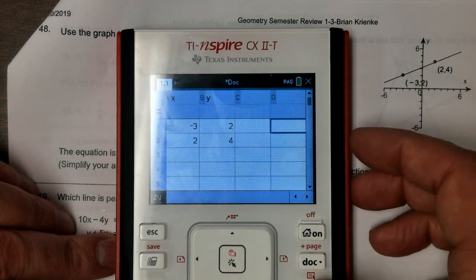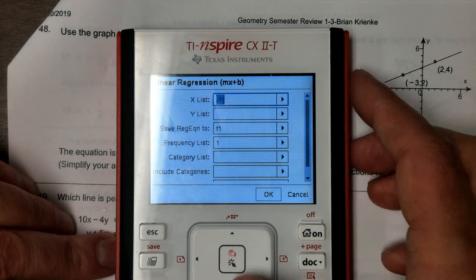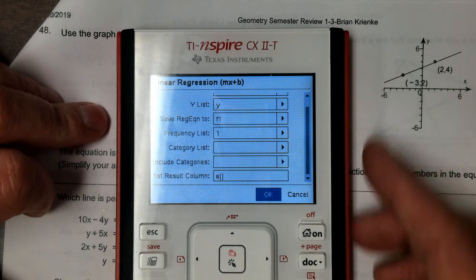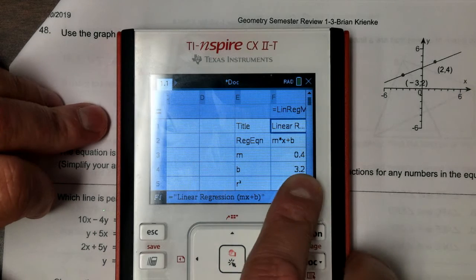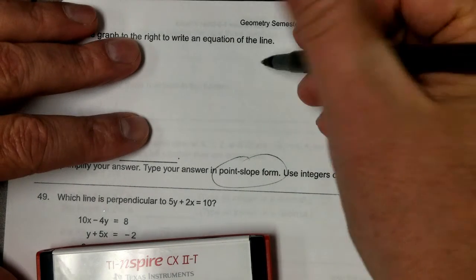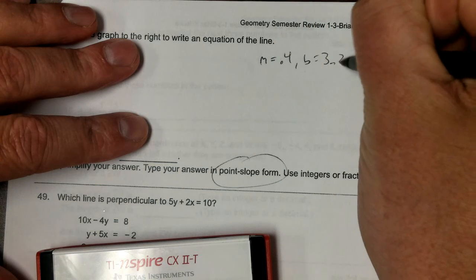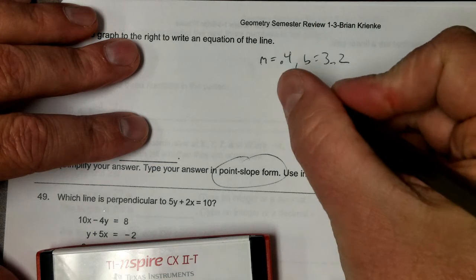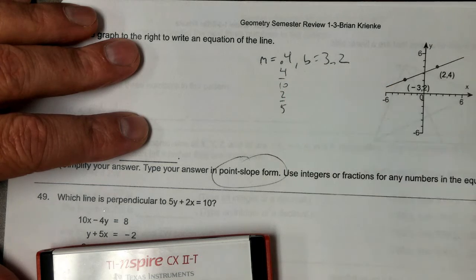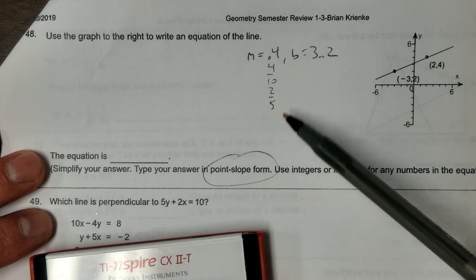Then go to menu, statistics, stat calculations, then 3. Put x and y there. So this tells you 0.4 and 3.2. What that really means is 4/10, which is really 2/5. So 2/5 is going to be what we use for the slope.